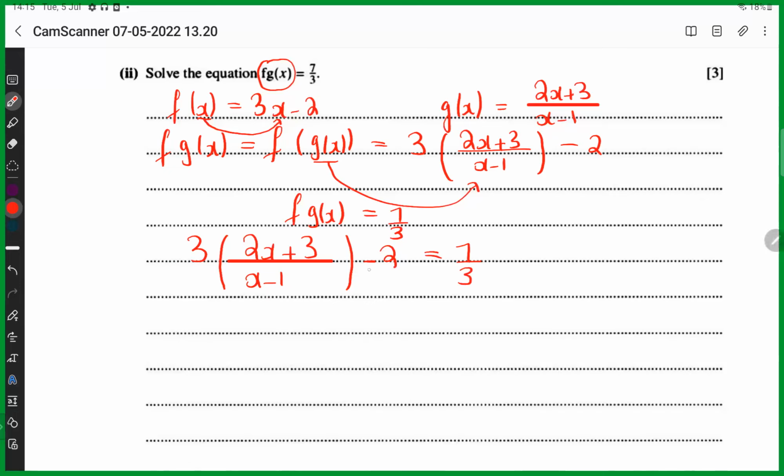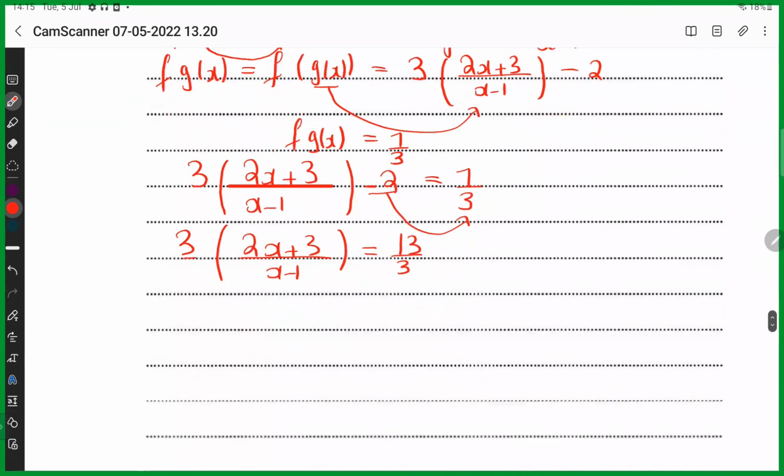We will take this minus 2 on the other side, and it would become 3 into (2x plus 3) divided by (x minus 1) equals 7 by 3 plus 2, and that would give you 13 by 3. Now I can just take this 3 on the other side. You have multiple ways of simplifying this equation. Obviously, this is just my way of doing it.